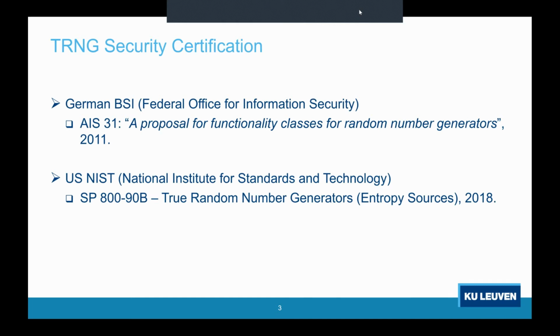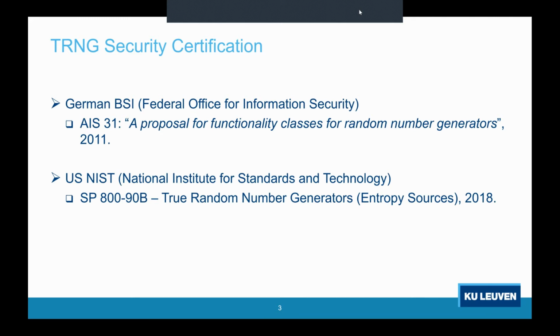Now, due to their importance in hardware security, the TRNGs have become subject to evaluations by US, European, and Chinese certification bodies. The TRNG design, as I said, should provide theoretical justification of the unpredictability of its output.